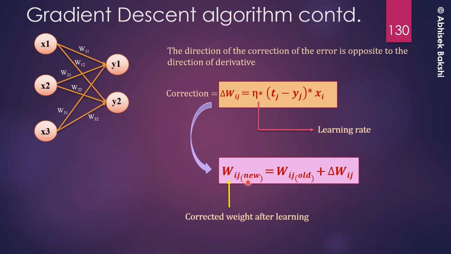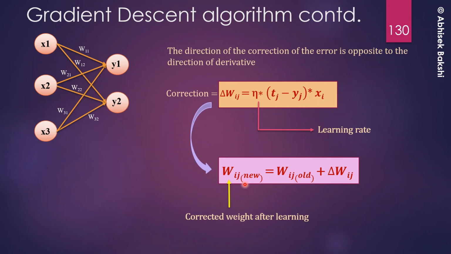I have kept old and new in brackets just to show you that wij old is in the ith iteration, and the new will be for the i plus 1th iteration, the next value of w that will be used at the next iteration.